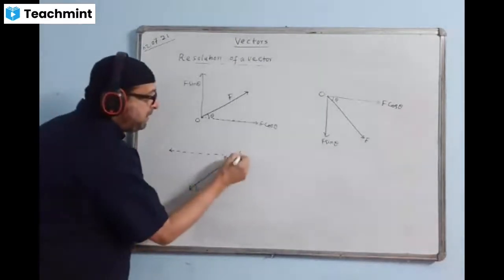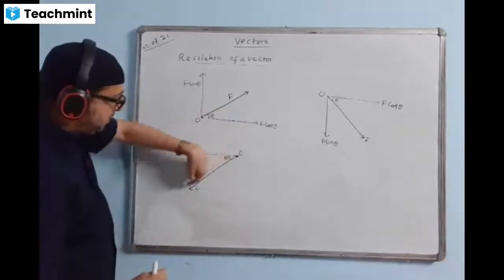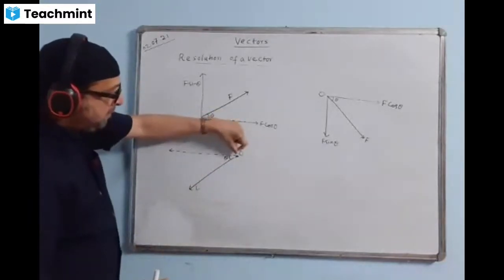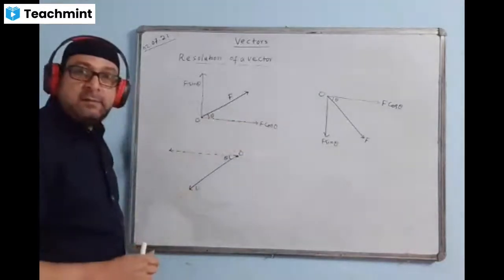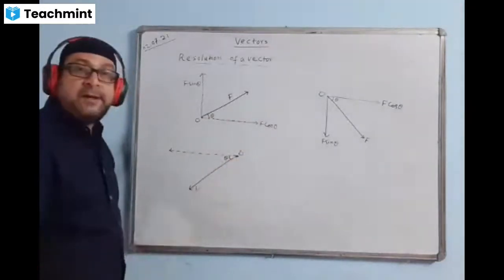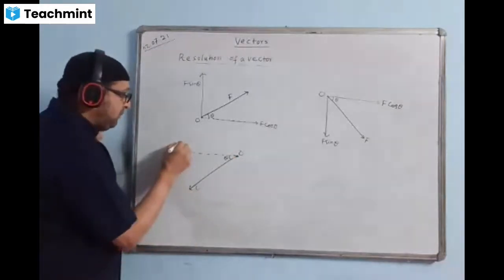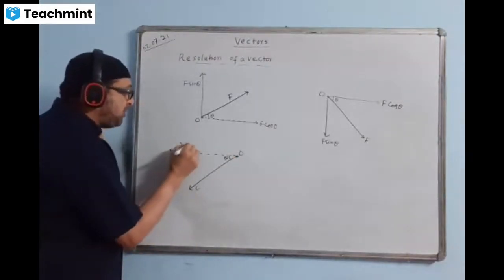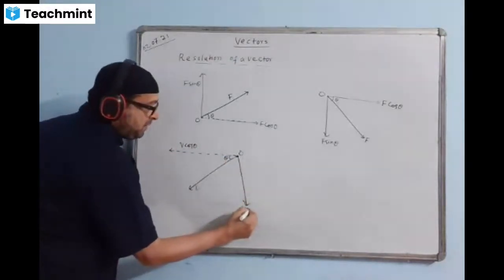We should break at this point, from where it is starting. Here is the origin. Not at the tip, but at the tail. So this component value will come V cos theta. Another component will come here like this, V sin theta.